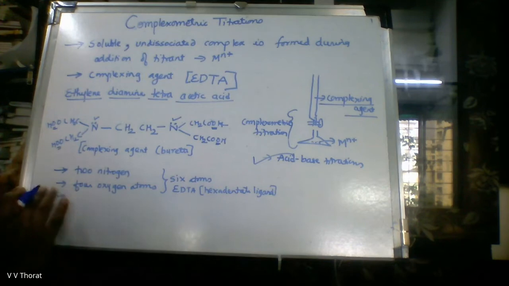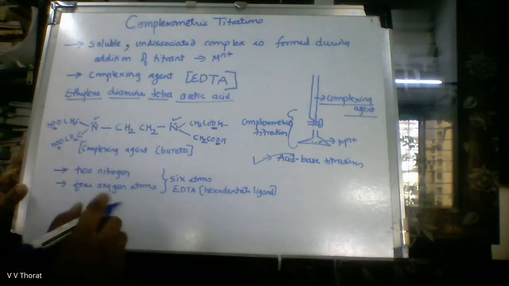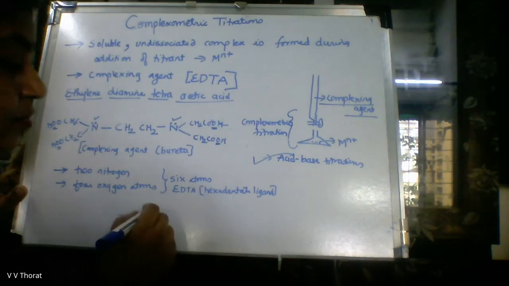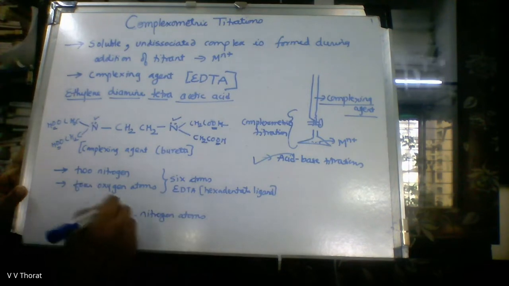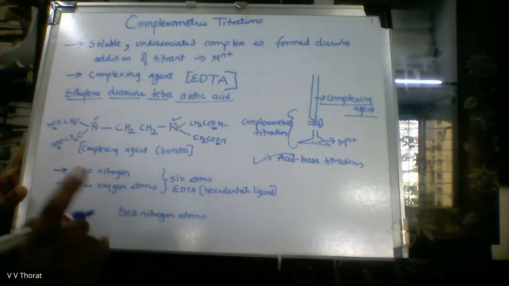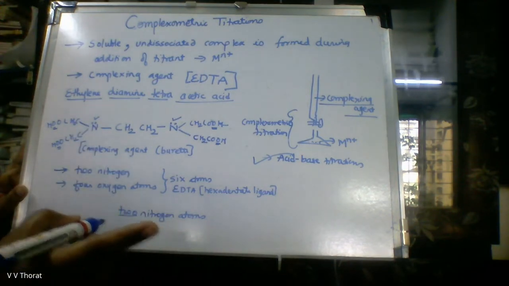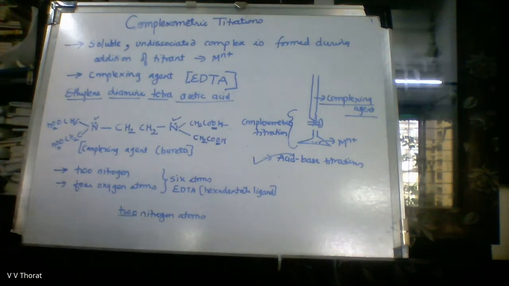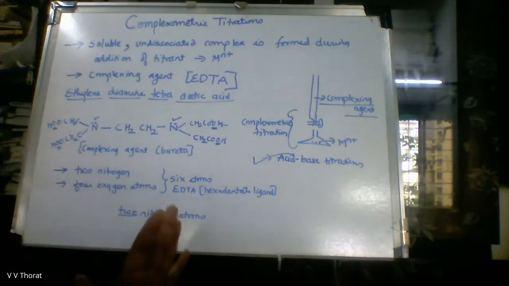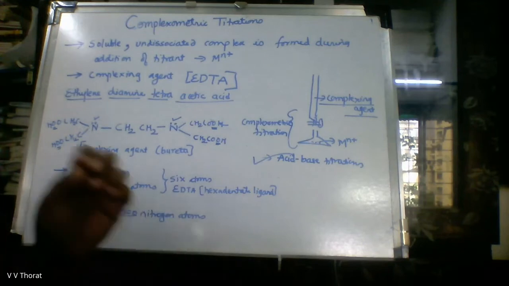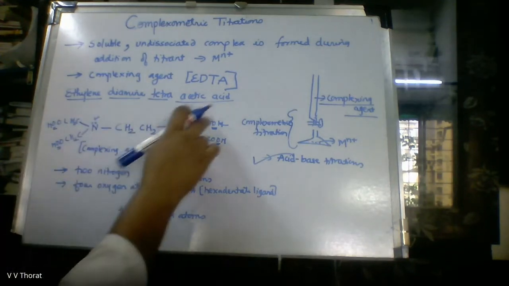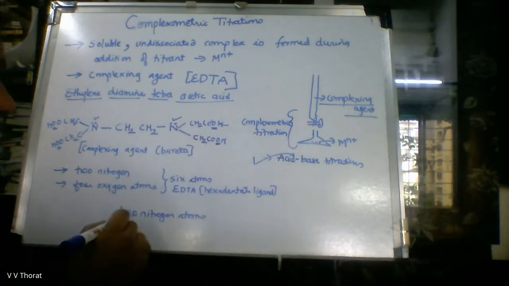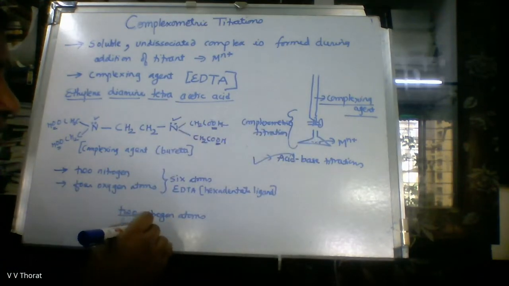If I ask you to fill in the blanks, EDTA coordinates to metal atoms through dash nitrogen atoms, the answer will be two of its nitrogen atoms. If you have a textbook, please mark it or write it in your notebook: EDTA will coordinate to the metal ion through four oxygen atoms.